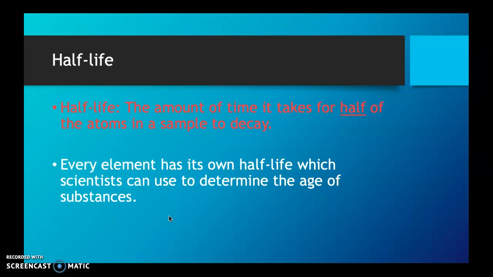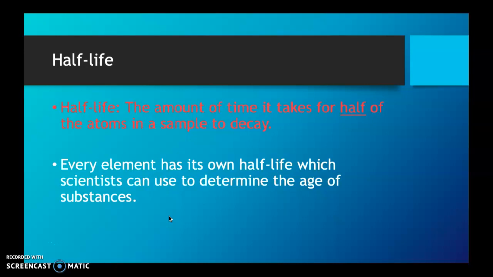So what that means, for instance, is if I had 50 grams of sodium-24, after one half-life, half of that, 25 grams of that, would have undergone beta decay, and I would be left with 25 grams of sodium-24.